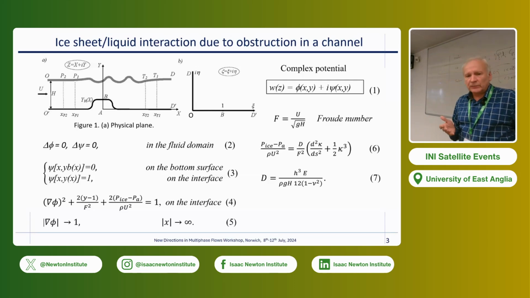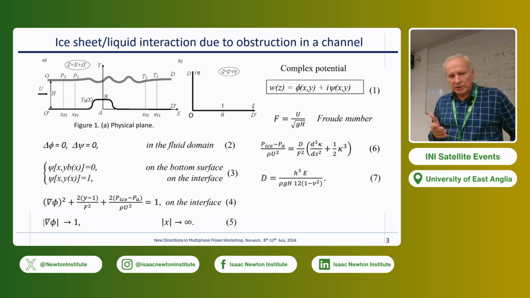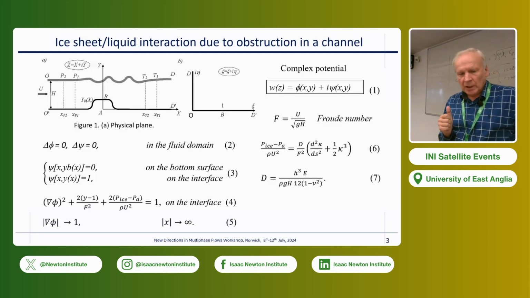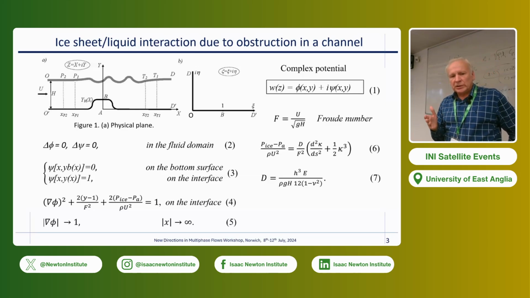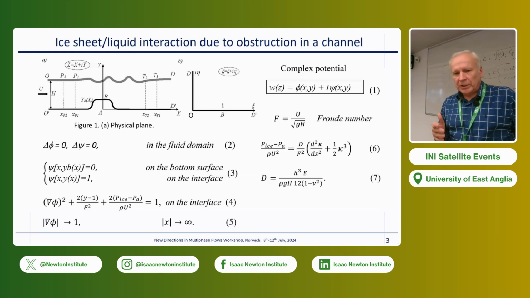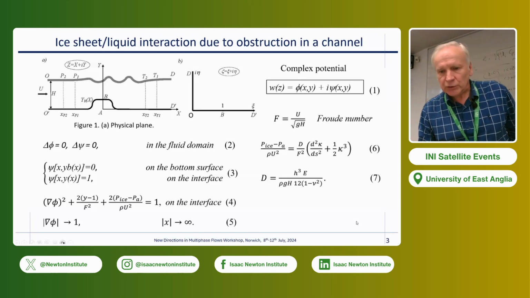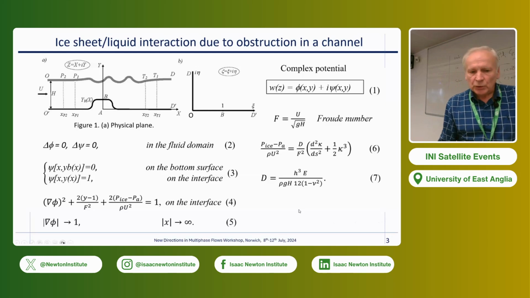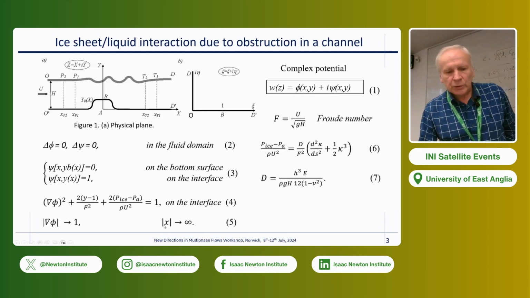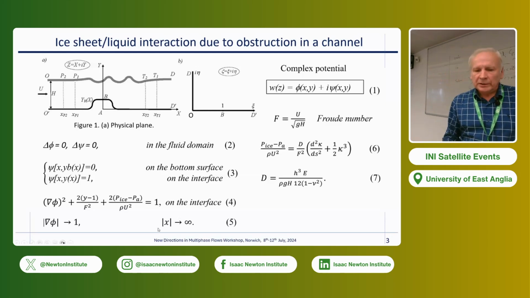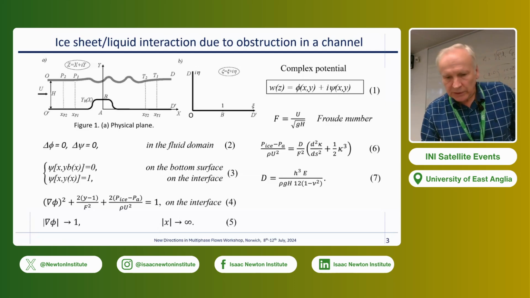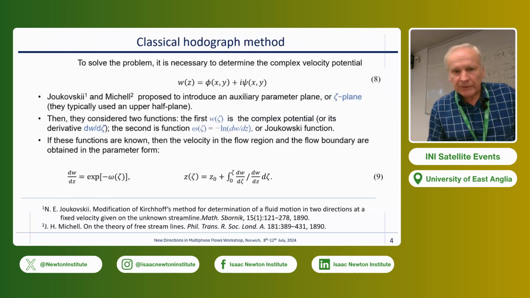On the interface, stream function is a unit because we choose the reference parameter as depth of channel and the inflow velocity. The Bernoulli equation on the interface accounts the presence of ice sheet, so pressure is calculated as shown in equation 6. At infinity, flow is uniform and equal to the inflow velocity.